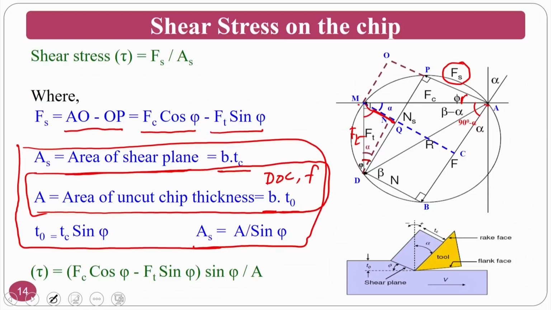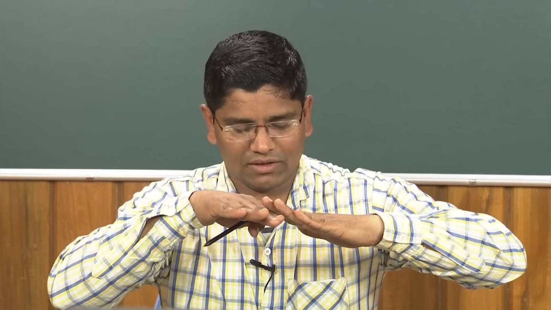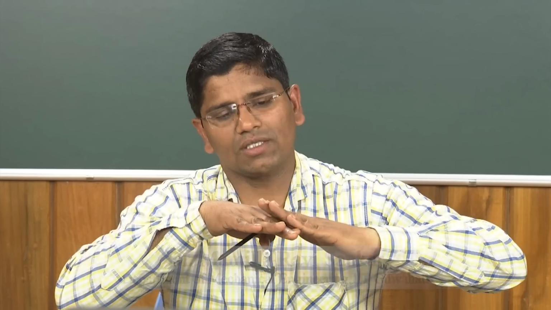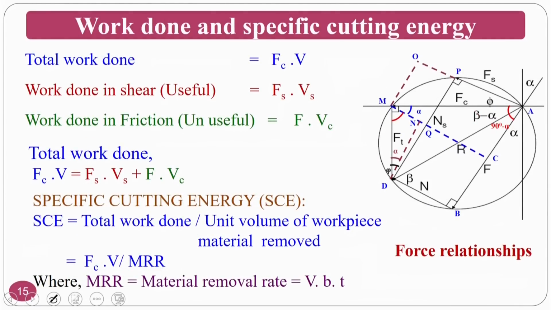If you know the shear stress, you have to apply more energy compared to the shear stress, then only the material will shear. That means whenever I want to shear a material, I have to apply more stress than the required stress, then only severe plastic deformation will take place.